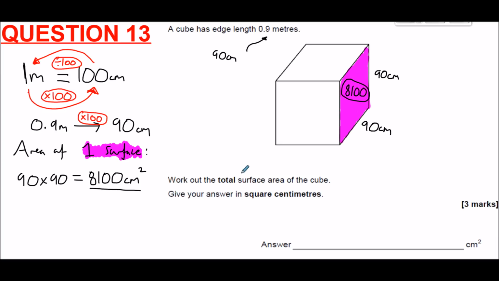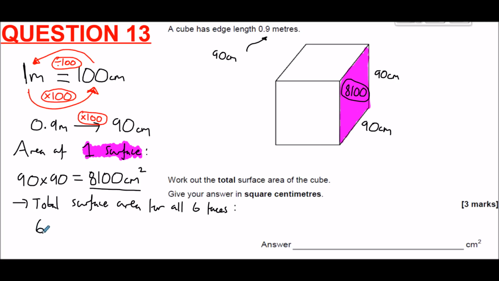But we need to work out the total surface area of the cube. A cube doesn't have just one surface, a cube has 6 faces. So the total surface area for all 6 faces, each face of a cube will be the same size square.